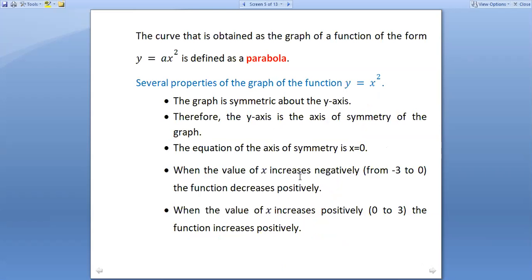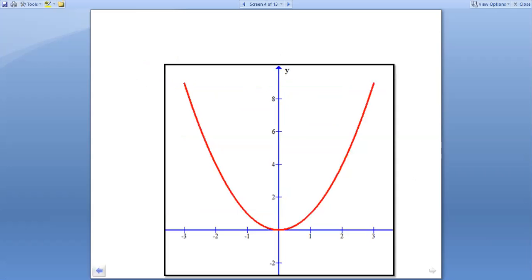When the value of x increases negatively, that means from -3 to 0, the function decreases positively. Now let us examine. Here the value decreases positively. Function means y, and the function value decreases positively when the value of x increases negatively.